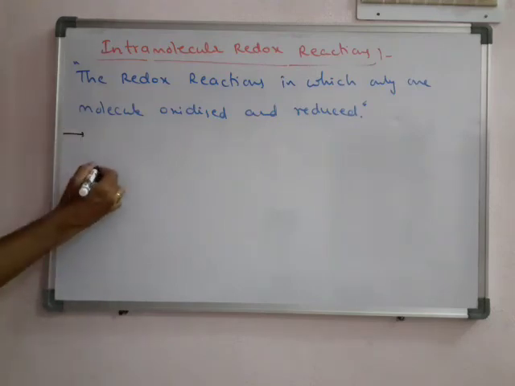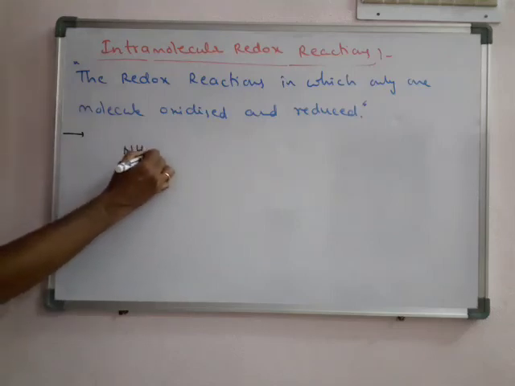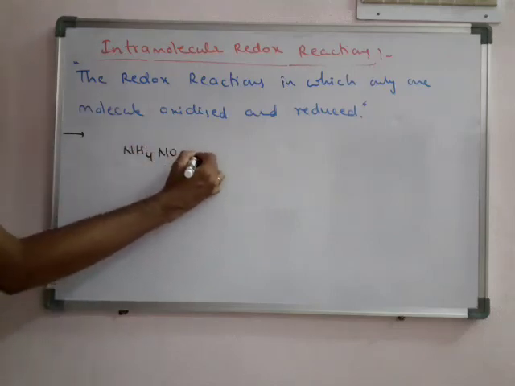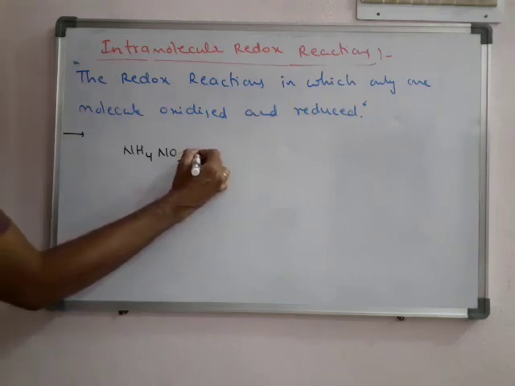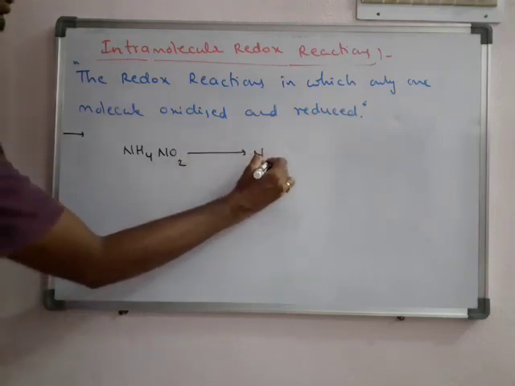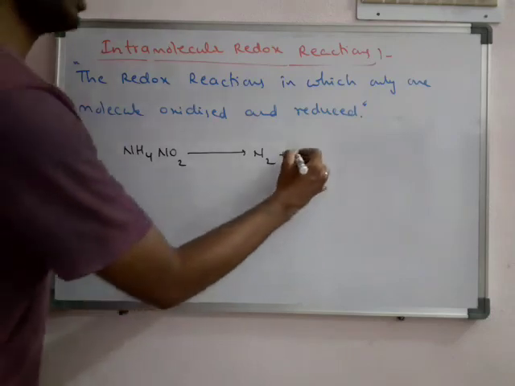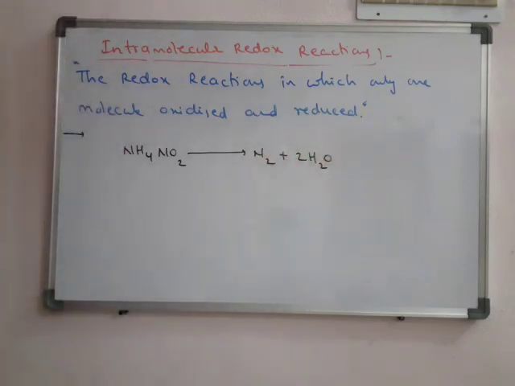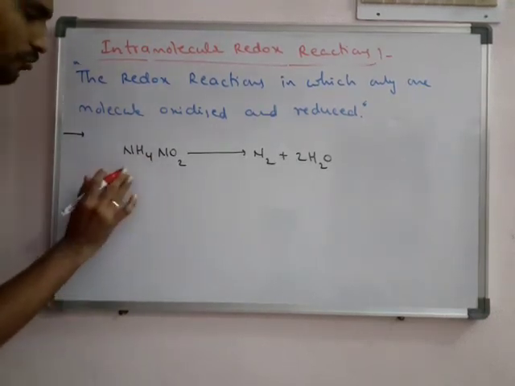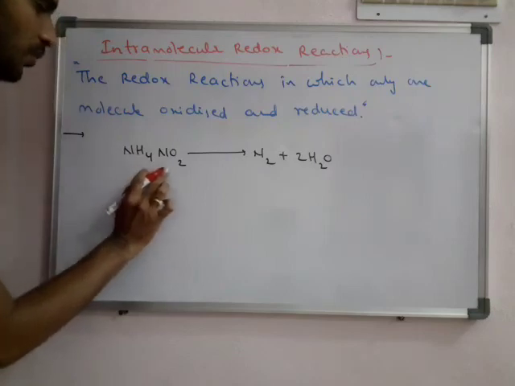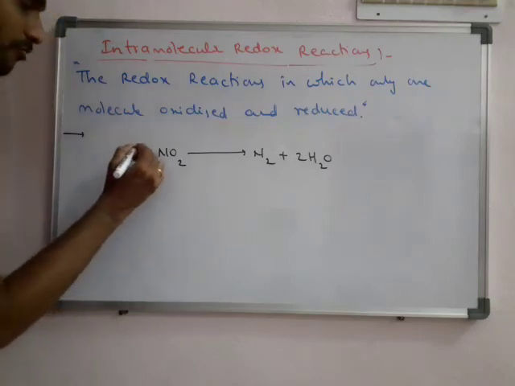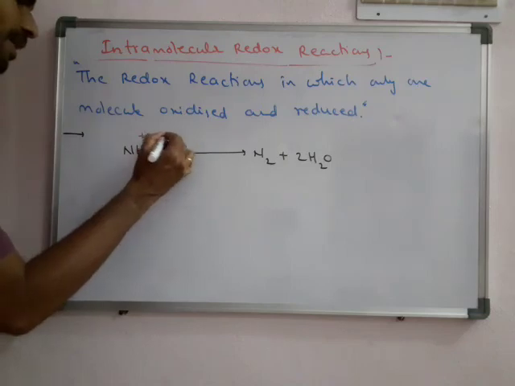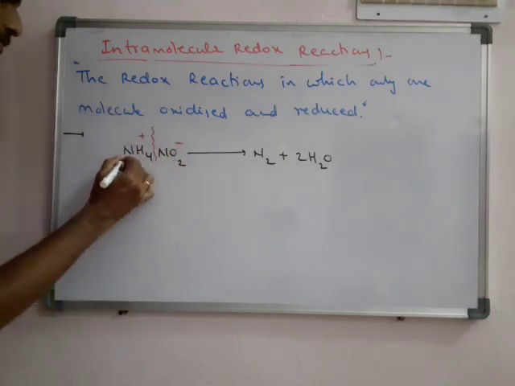Means here only one type of reactant is present. If you take the example, that is ammonium nitrite, okay, NH4NO2, on its decomposition it forms N2 plus 2H2O. Here you see only the nitrogen is oxidized and nitrogen is reduced. So actually in the calculation of this NH4NO2 we do it in terms of ionic compounds, that is NH4 plus and NO2 minus, the separate compounds.